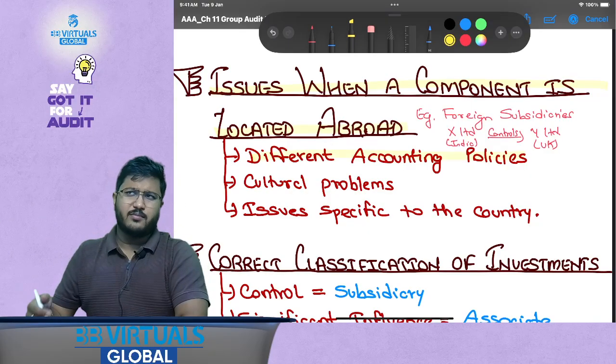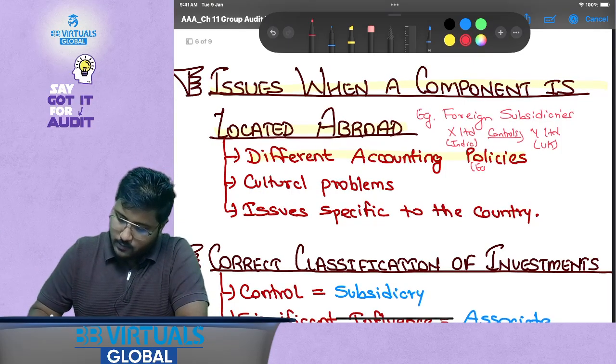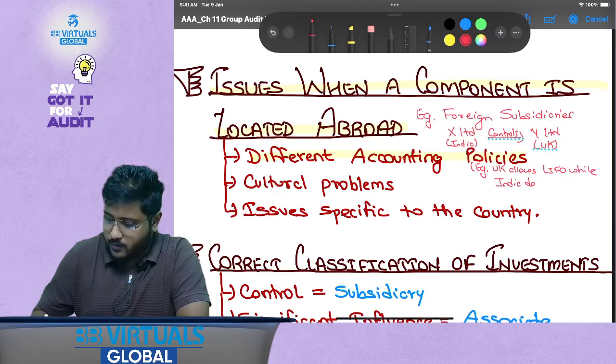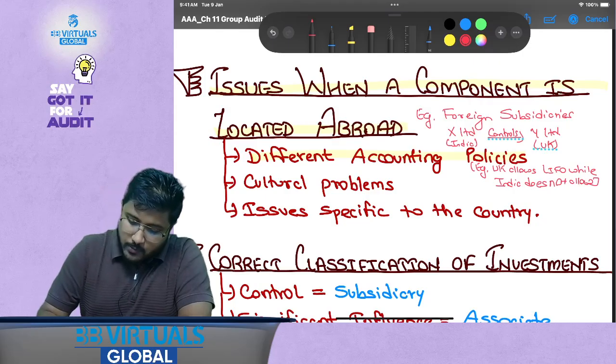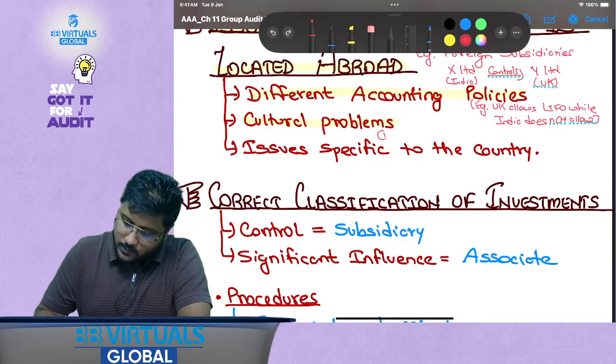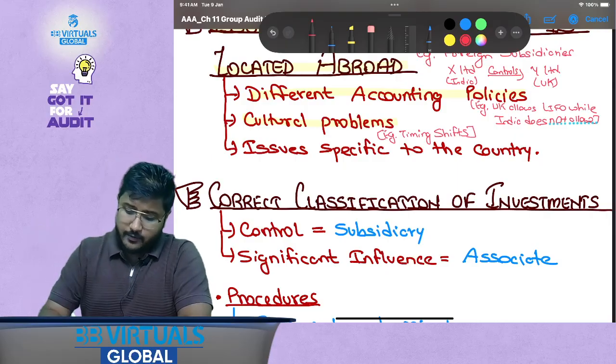Different accounting policies. Maybe LIFO might be allowed there, here LIFO is not allowed. For example, UK allows LIFO while India does not allow, right? That could happen. Changes in accounting policy. Cultural problems might be there. For example, timing shifts might be different, so it might be very difficult.